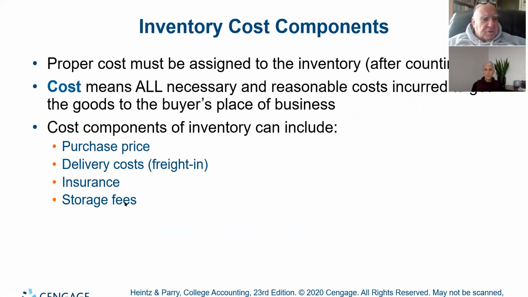And any storage fees in regard to the delivery. The common thing here is you're going to debit merchandise inventory for each of these. This is all considered part of your inventory.